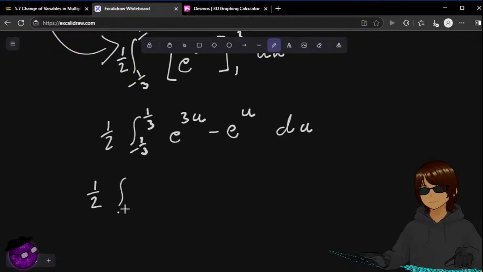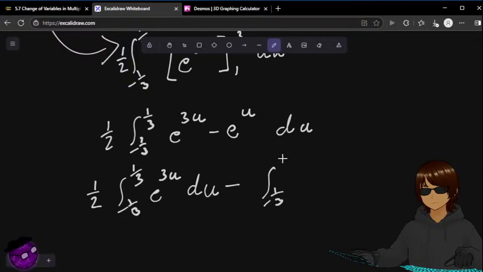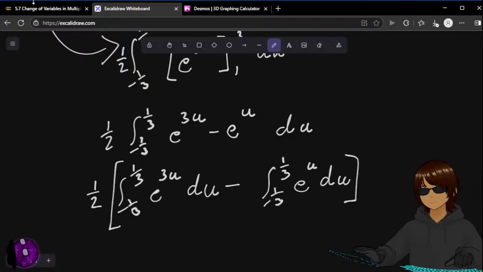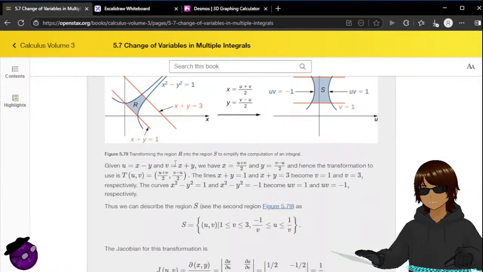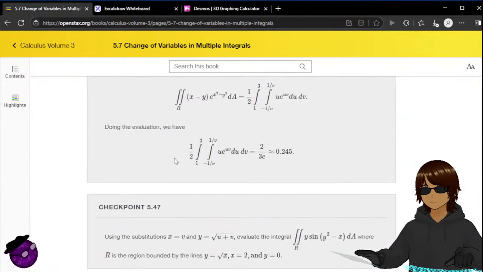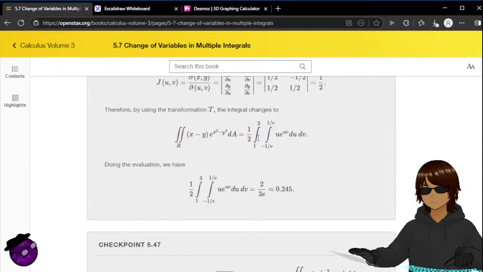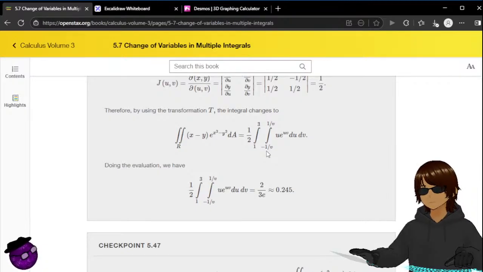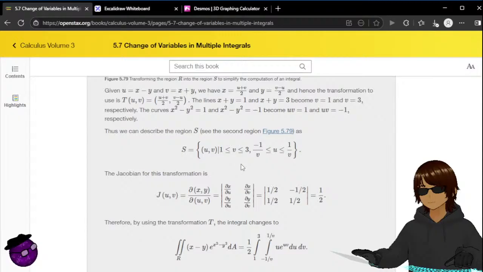Actually, minus it with, okay, I don't want to do this, but I need to know if I'm heading in the right track. v goes from 1 to 3.